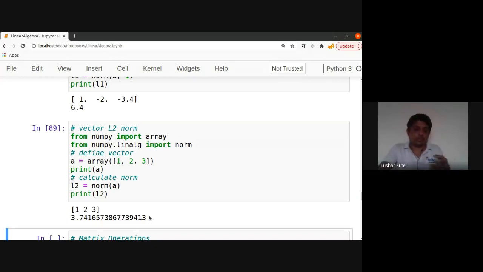So the parameter is by default present here as 2. So you can see 1, 2, 3. How is it calculated? 1 square plus 2 square plus 3 square, that is 1 plus 4 plus 9. So the number will be 14, and this is the square root of 14. 3.74 is the square root of 14.